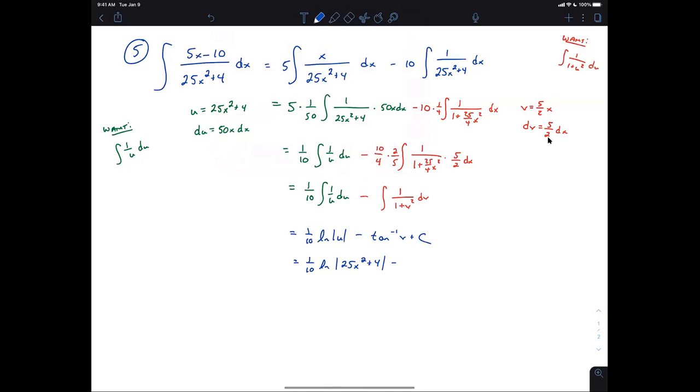And then minus inverse tangent of v, but v was 5x over 2, or 5 halves x, plus c. The only other thing we could do is drop the absolute value, but we've said a few times, I think WebAssign doesn't like that. Here you can drop it technically because 25x squared plus 4 is always positive, but you definitely don't have to drop that, and probably shouldn't with WebAssign.